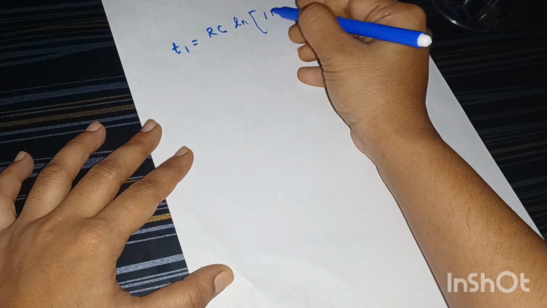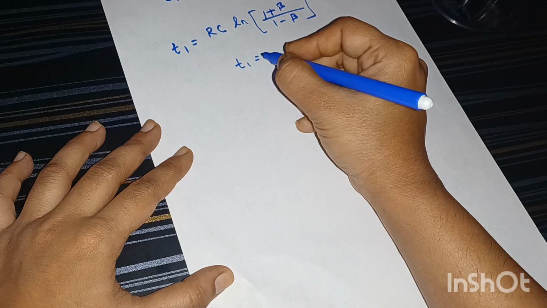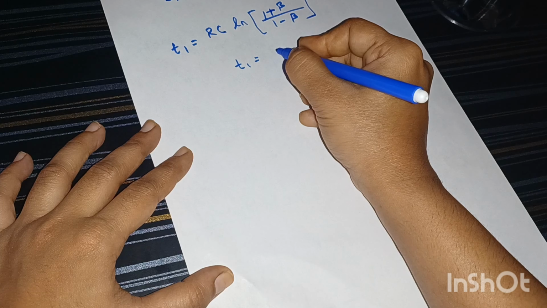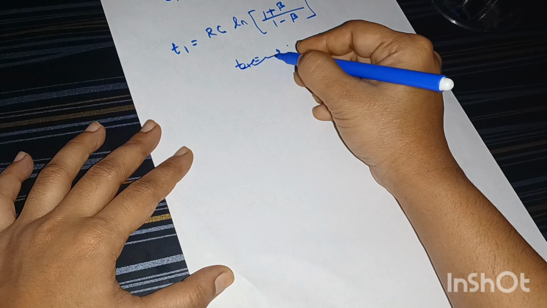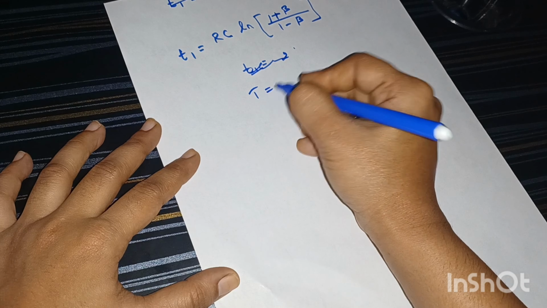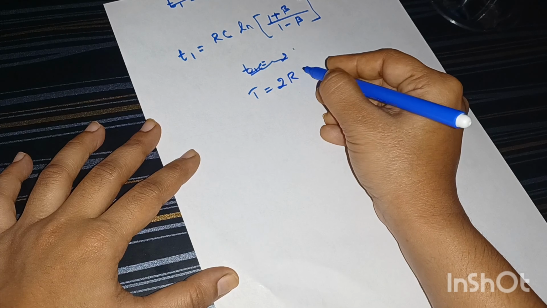So T1 is nothing but this, and we can say T is nothing but 2 into RC.